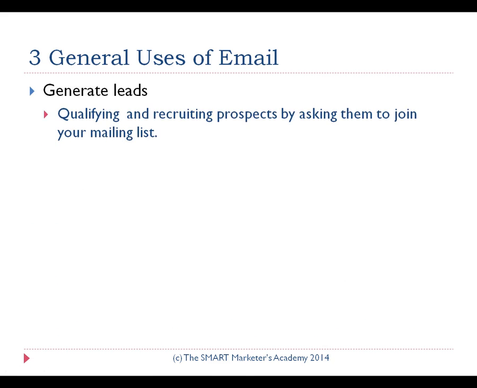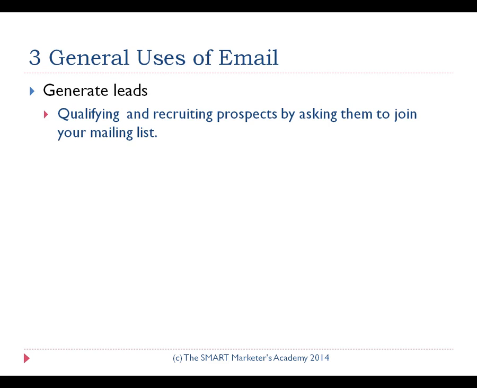Let's have a quick look at the first one. When you are generating leads, basically what you're doing is qualifying and recruiting prospects for your business. You have a target market, and that's a pool of suspects. You're not sure if they're going to do business with you or not, but there's a higher likelihood that they would do business with you than the general populace. You now have your irresistible offer, which you offer to them like a bait.